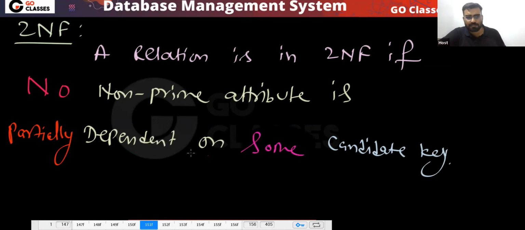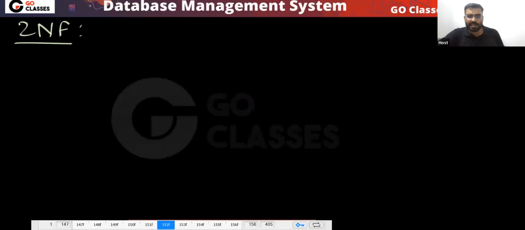Same definition I can write like this. A relation is in 2NF if no non-prime attribute is partially dependent on some candidate key. This is another way of writing the same definition. Now, anyway, let's take examples. With example, this concept will become more clear.